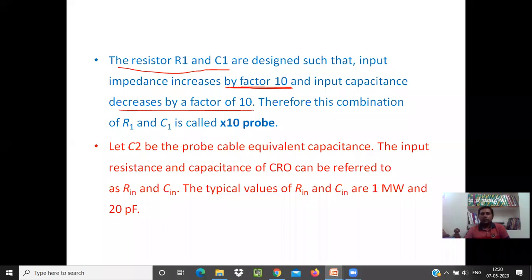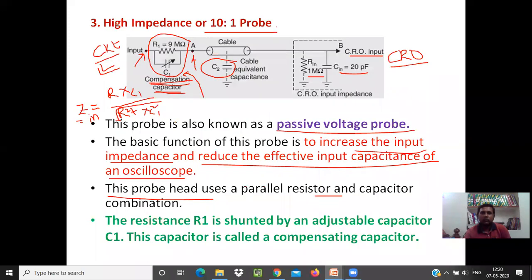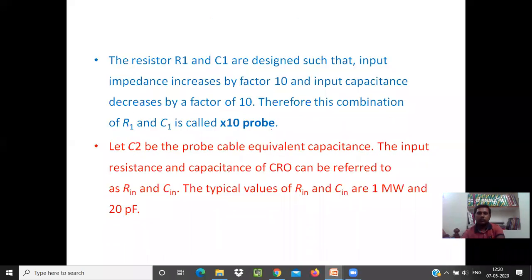Because of this factor, the circuit is given the name 10:1 probe. This probe decreases the capacitance by a factor of 10 and increases the input impedance by a factor of 10, so this combination is also called the times-10 probe or 10:1 probe.